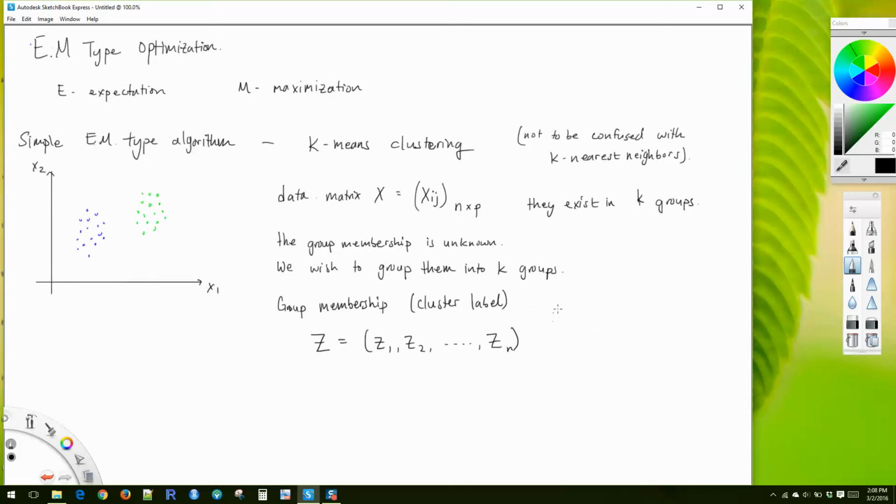So z sub i will equal 1, 2, up to k for however many groups there are. In our case, there are only 2, so Z can either be 1 or 2.